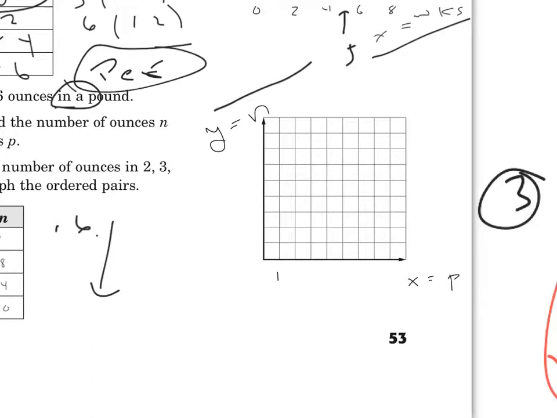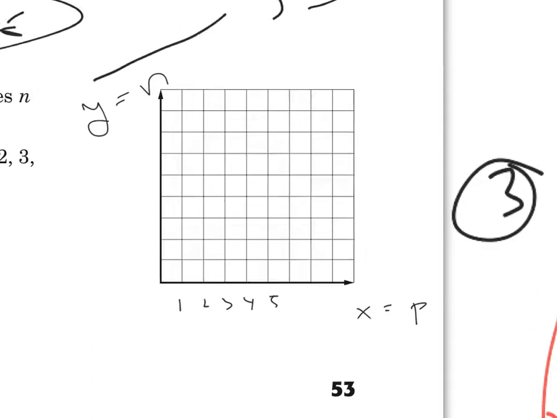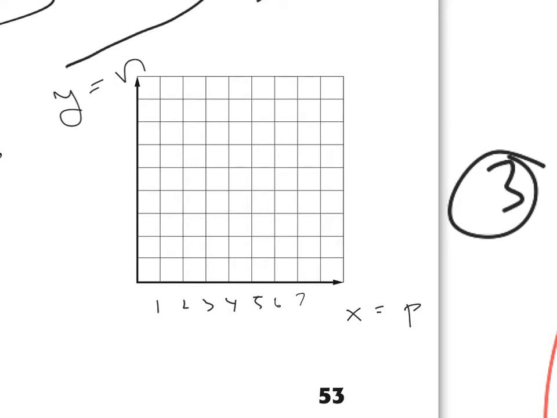We're going to go 1, 2, 3, 4, 5, 6, 7, 8, 9. And then over on the y-axis, we're going up in jumps of 16. So we want 16, 32, 48, 60, I'm going to say 70, and then 90.